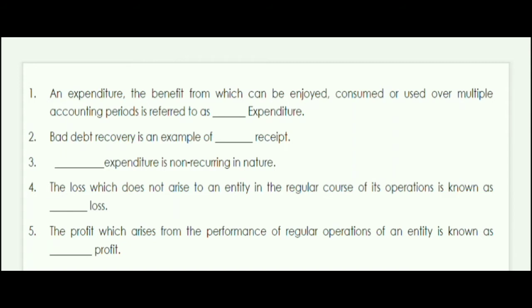Okay, let's see question number 2. A bad debt recovery is an example of what receipt? Well, bad debts means credit loss, but bad debt recovery is a revenue receipt.